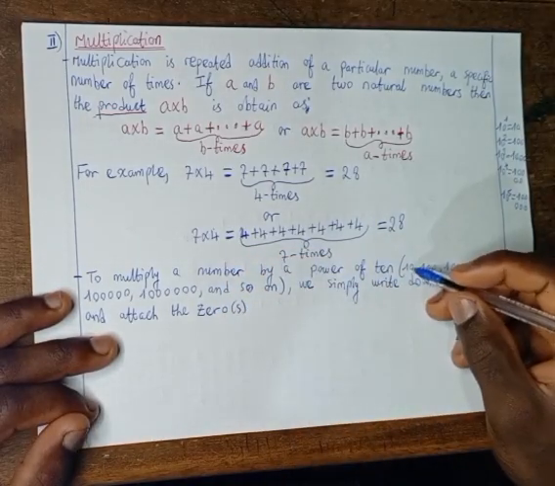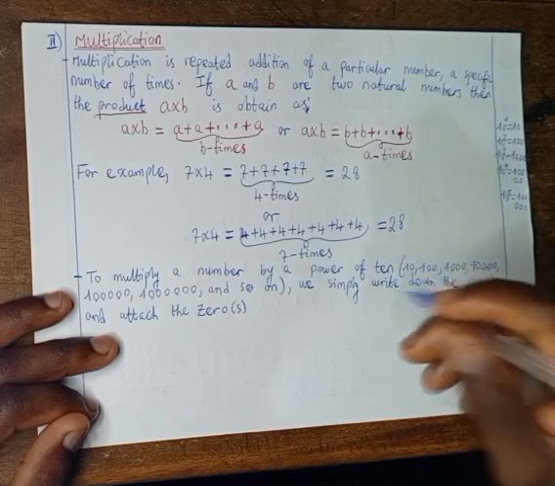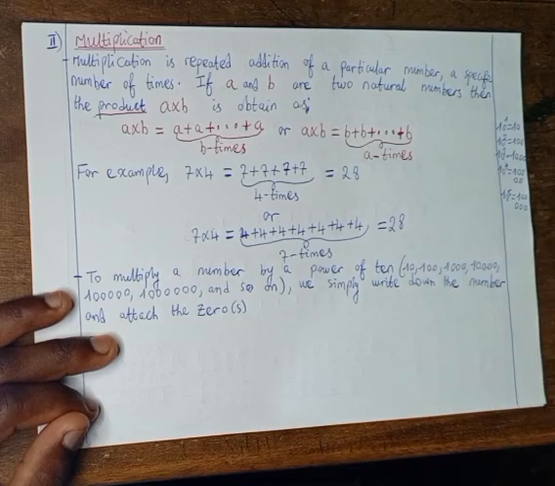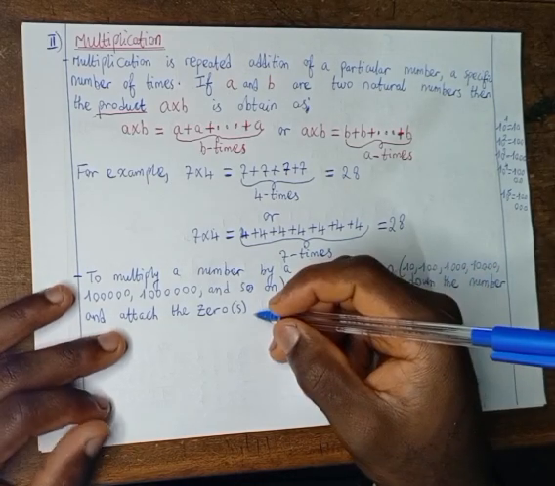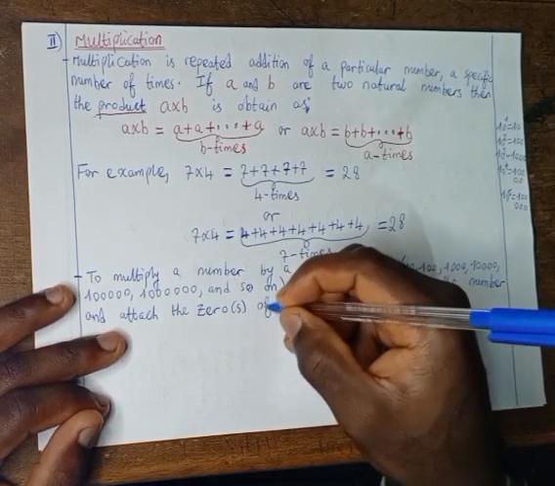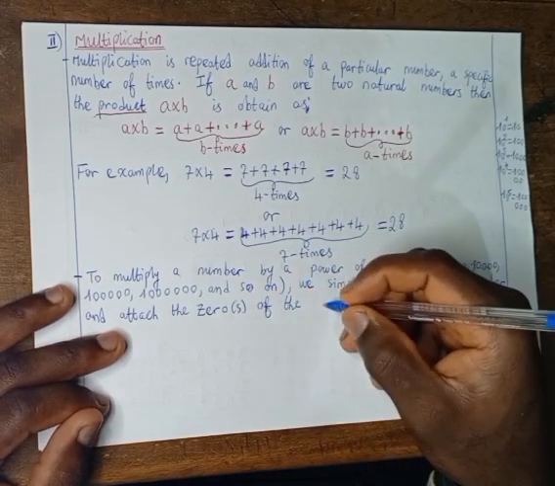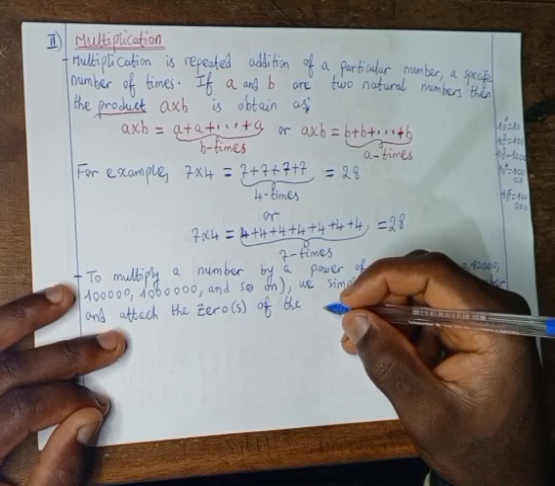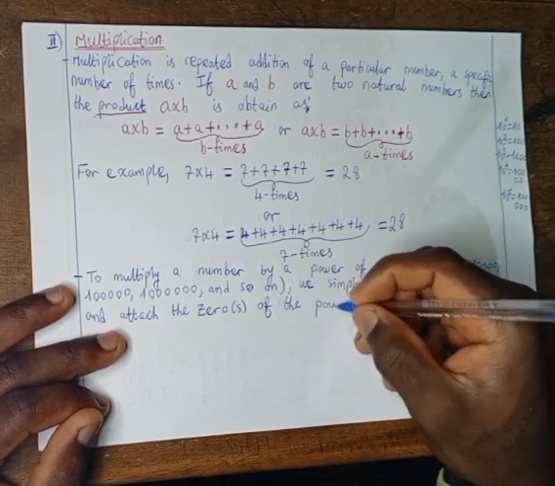When you multiply by 10, you attach one zero, but there are many zeros when you multiply with a power which is above 10. You attach the zeros of the power of 10.